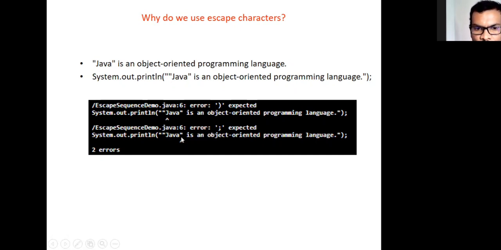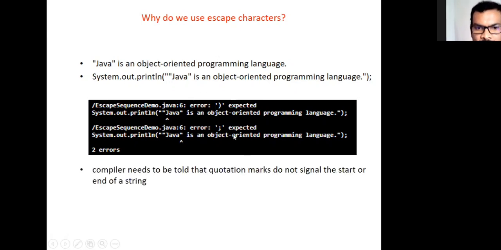These kinds of errors we are getting. So to avoid these kinds of errors, we need to go with the escape sequence characters. If we are using the escape sequence characters, the compiler is told that this is not the double quotes, it is not the end of the string.